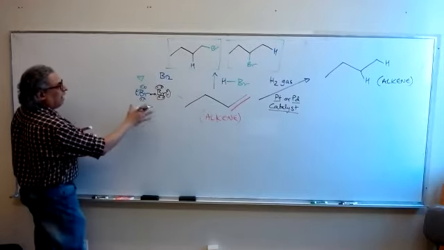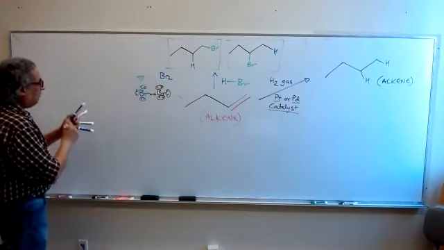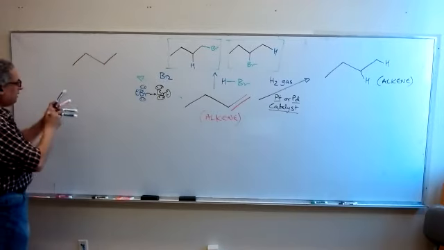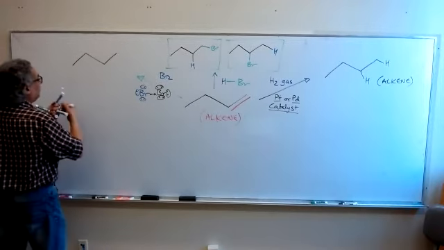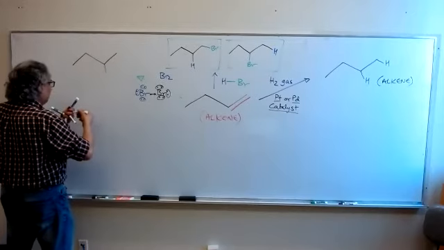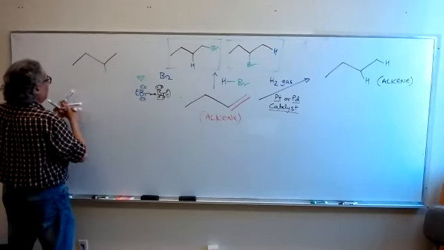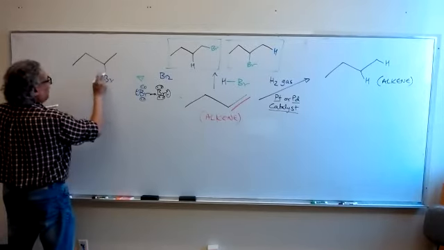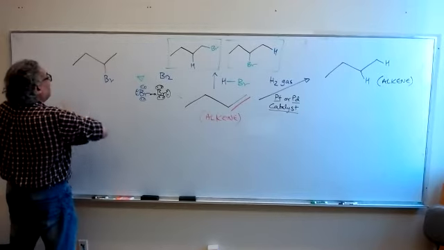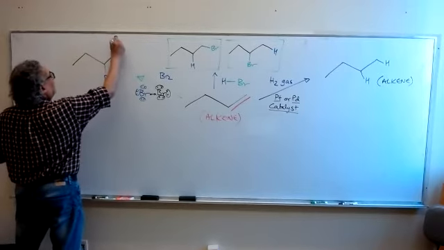If you add bromine to a double bond, what happens? The double bond disappears, and the bromines get attached to the carbons in a zigzag way, in opposite directions. One bromine, let's say the blue bromine, is attached down here, and the black bromine is attached up here.